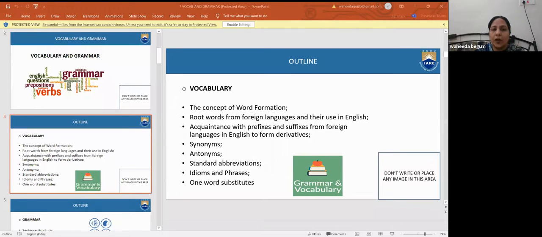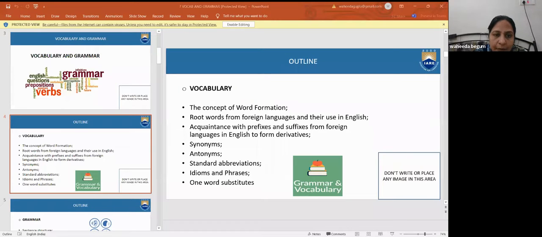Equi means equal: equity, equilateral, equidistant, meaning the equal distance from this place to that place. All those words related to equal are formed by adding prefixes or suffixes: equilateral, equidistant, or equity.